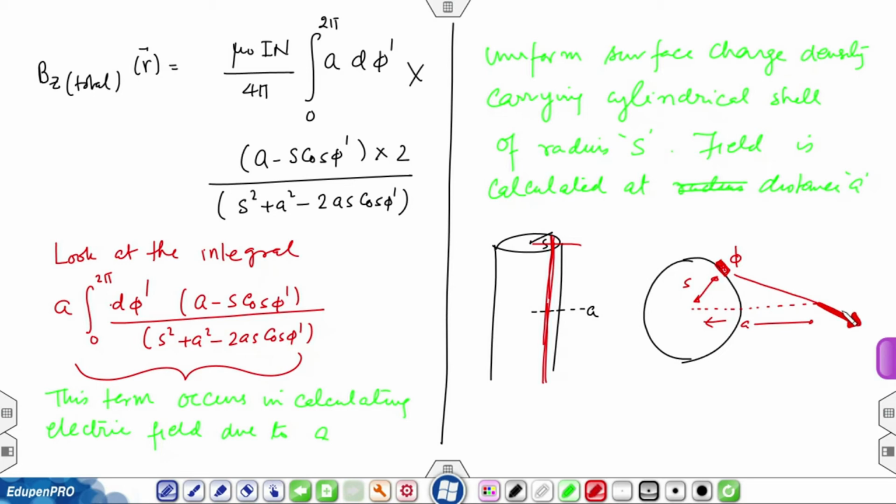Because of the symmetry, only the horizontal component will survive. So, only this component matters.